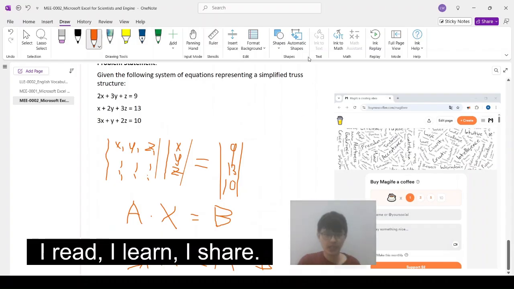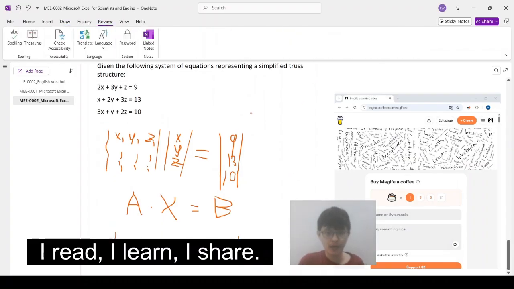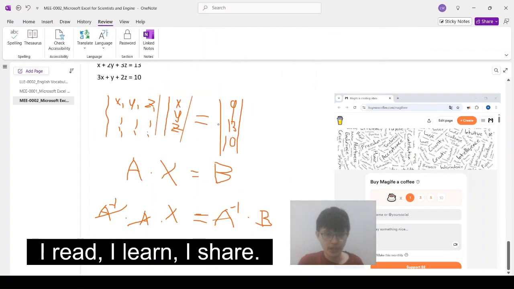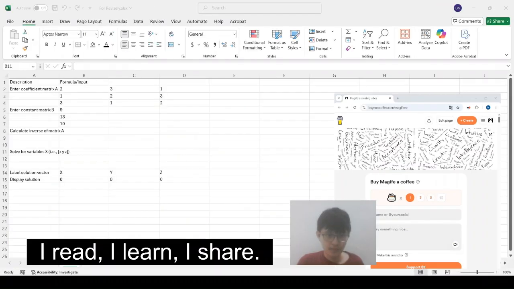Okay, so now we put everything into Excel. Let Excel help us calculate everything. It's quick if you're using Excel instead of manual calculation.